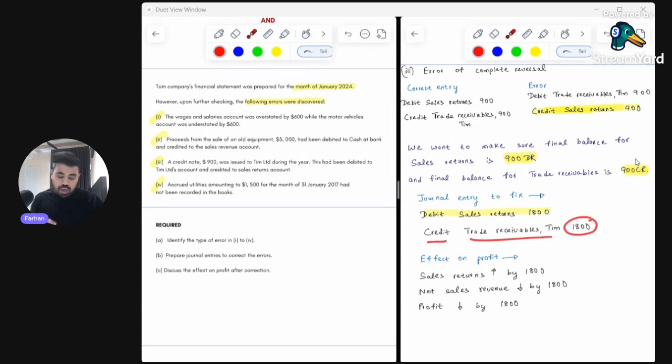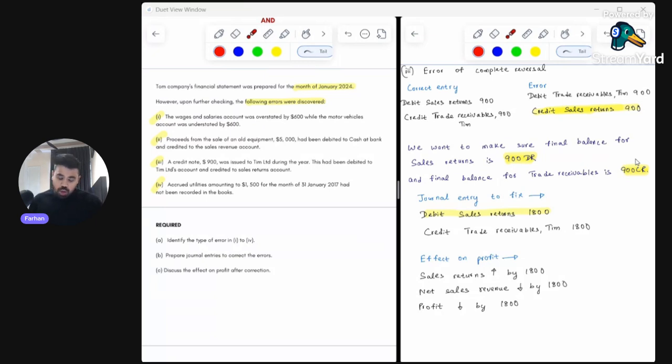Okay. So basically, every time you're fixing an error of complete reversal, your numbers would be doubled so that the original mistakes which were done are first completely erased, and then the net balance reflects the amount which should have been initially recorded, if that makes sense.